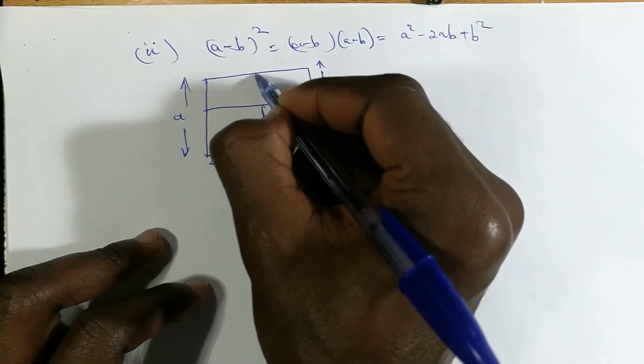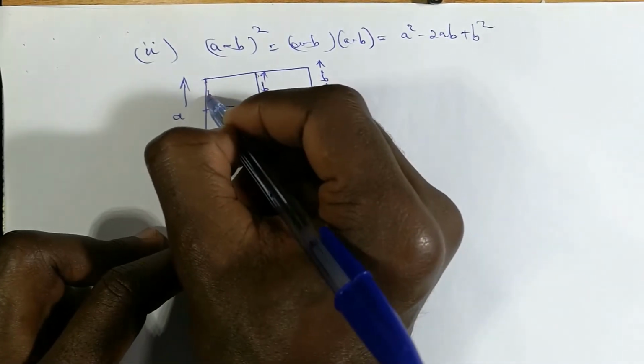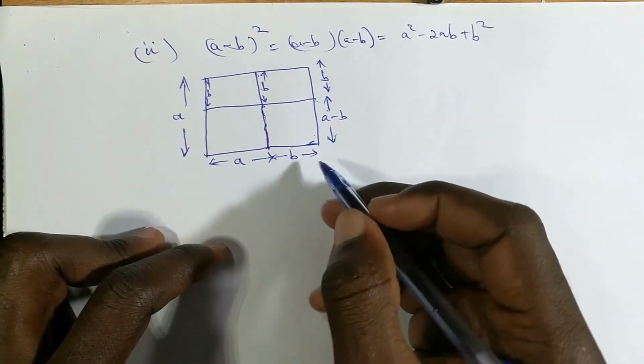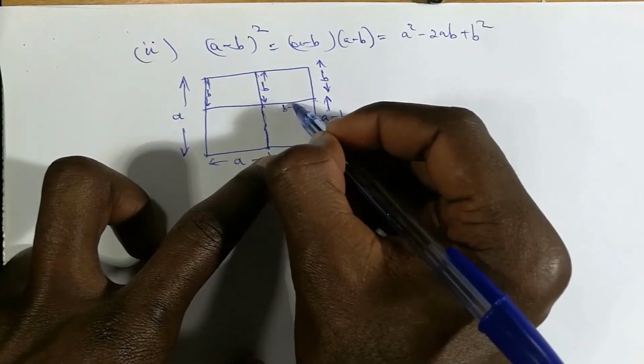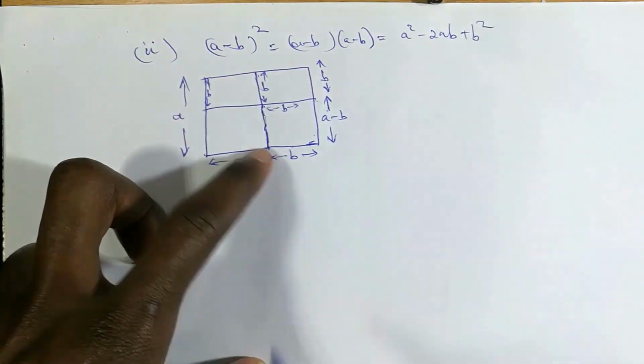That is b, that means also here must be b, the same as here. So does it mean here also b? That means this b, that means this one here must be a square.